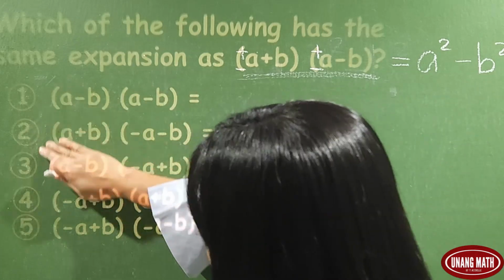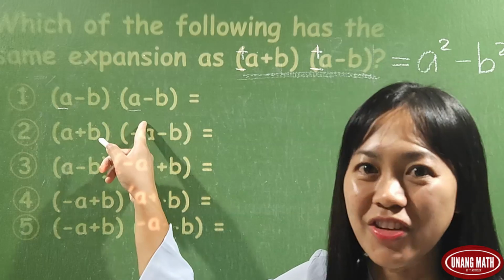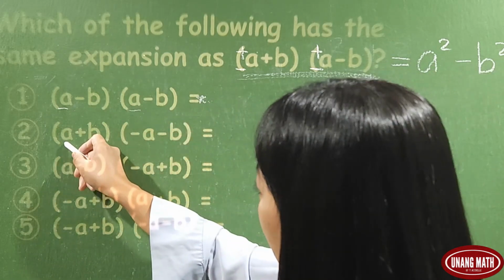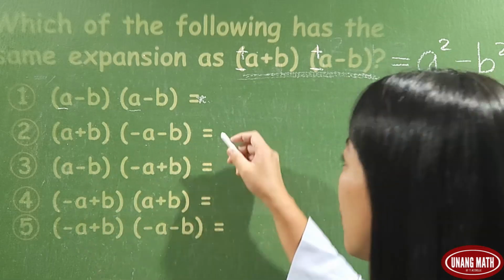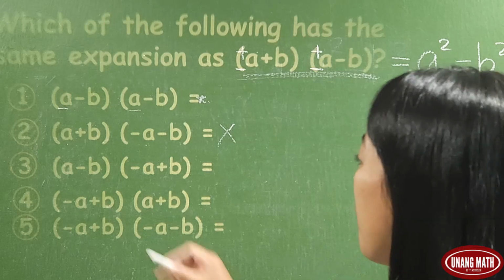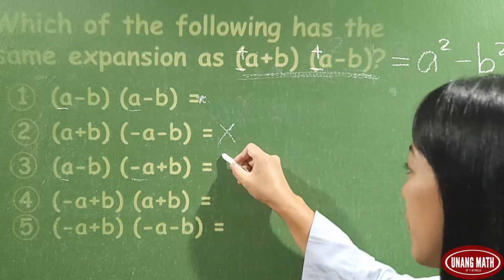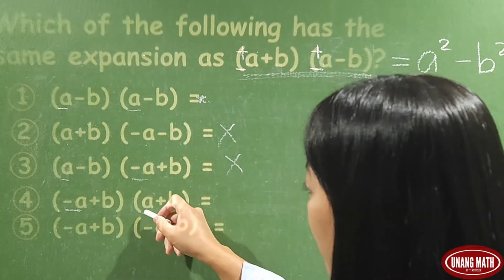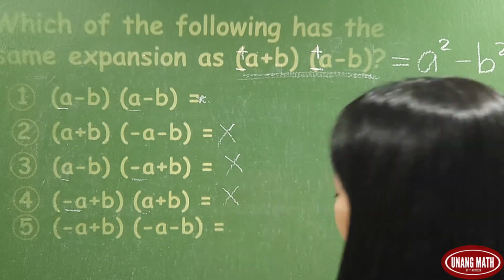So if we're going to check the options here, positive, positive did not change. So this is a possible answer. What about here? Positive and this is negative. Sign changes. So that means this is wrong. Positive and this is negative. So it changes. Then we cannot consider this as an answer. Here is negative and this is positive. Sign changes also. So this is not the answer.